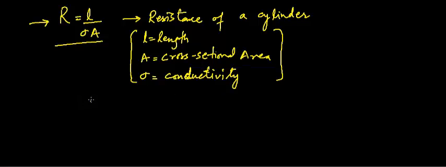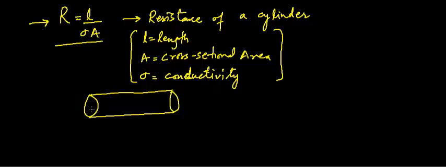In fact, we considered a small cylinder, and in that cylinder this was point A and this was point B, and we applied voltage, higher and lower potential over here. The direction of E was from higher to the lower potential, and the current density was also in this direction.